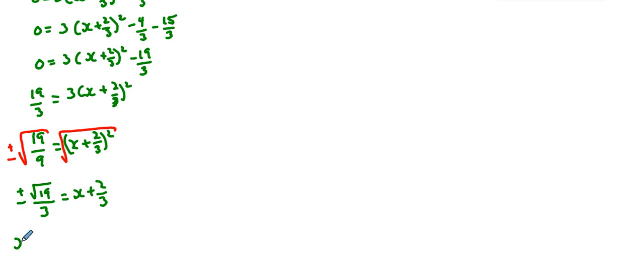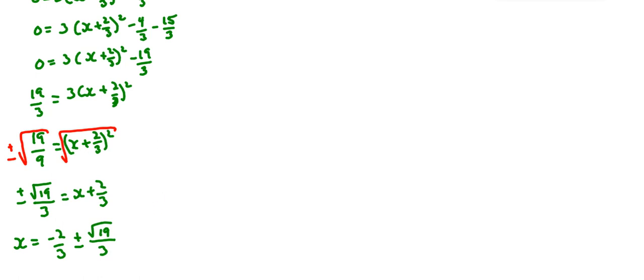And I'm going to say that x equals, and that's going to become negative 2/3 plus or minus the square root of 19 over 3. So this tells me my two intercepts.